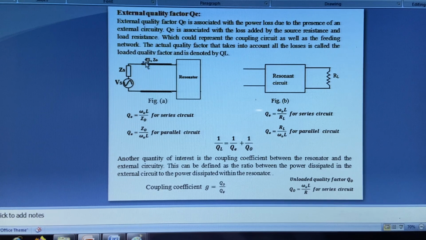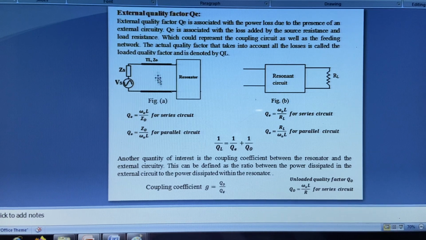So whenever an external circuitry is connected to the resonator circuit, as shown in this figure, for example here, the resonator is connected to the external circuitry like this. This is the excitation for this resonator. The source is connected to the resonator using a transmission line with a characteristic impedance equal to Z0.